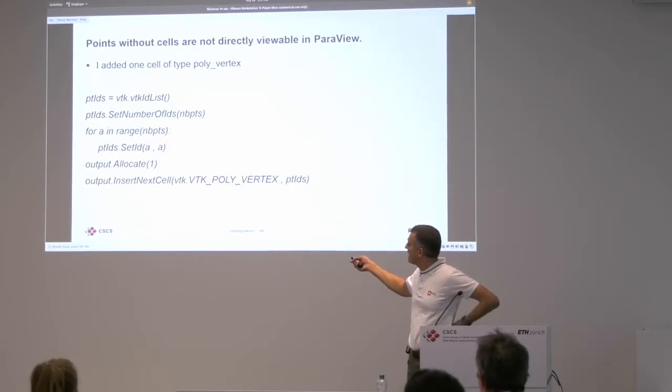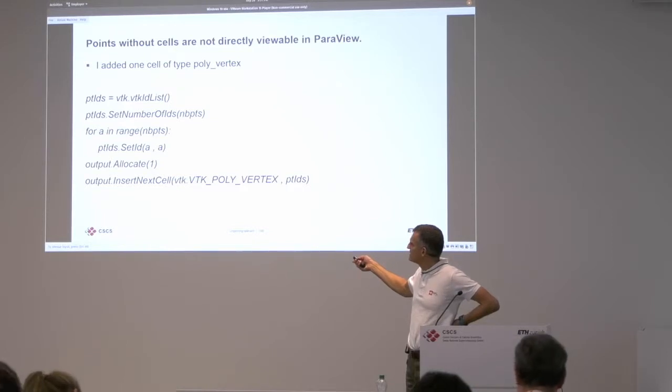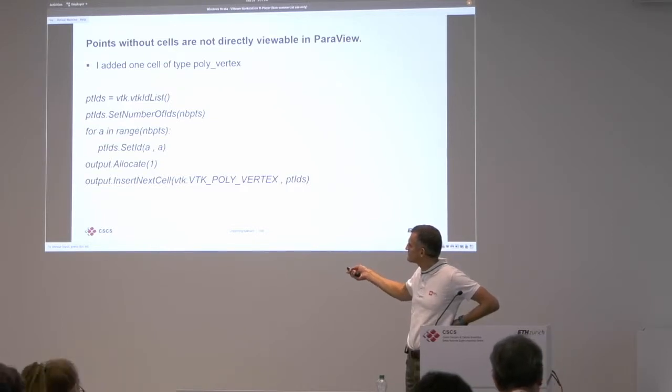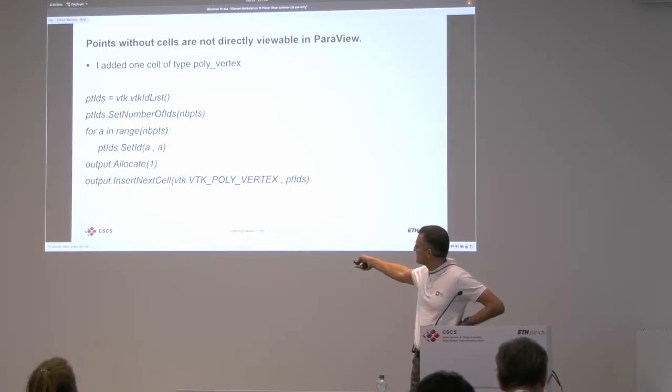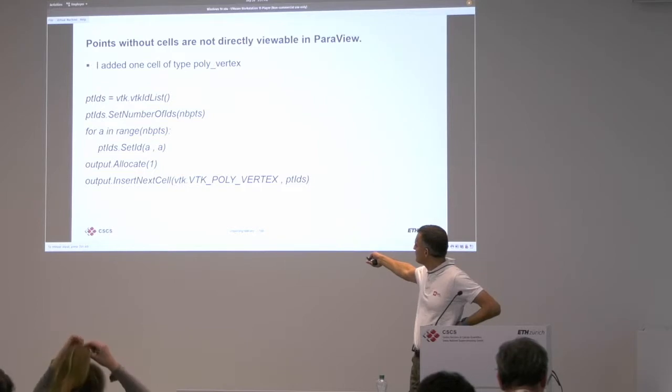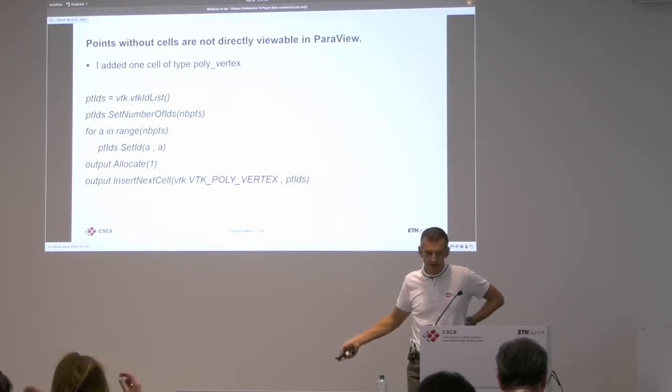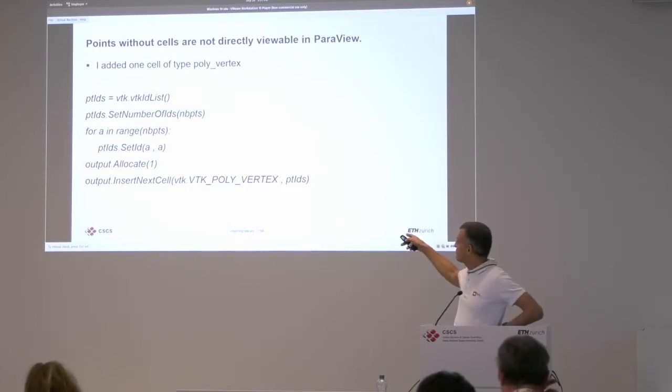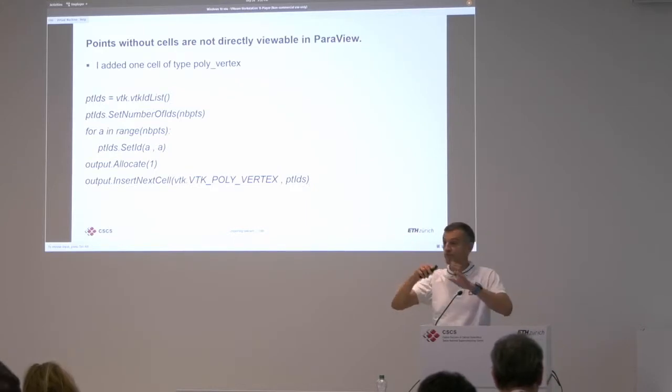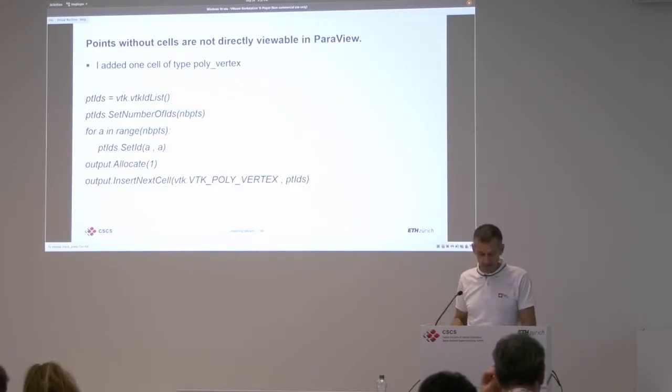So defining your number of points here, you create this ID list, which you set very easily like this, 0, 0, 1, 1, 2, 2, etc., all the way to the end, and then you insert that cell of type polyvertex. That is an optional part, but it's very useful to view your points in ParaView.